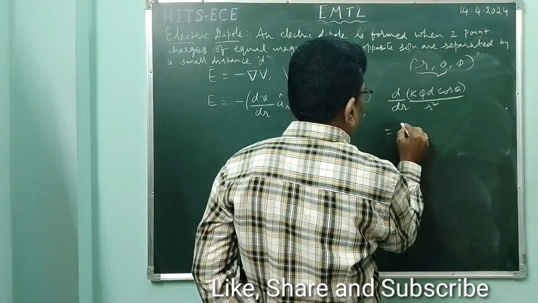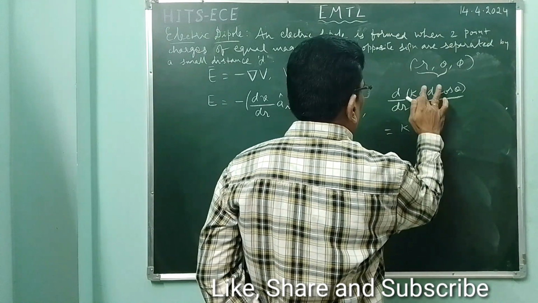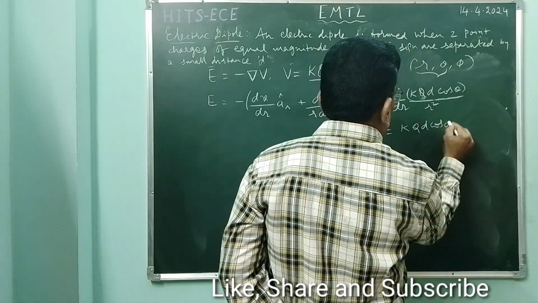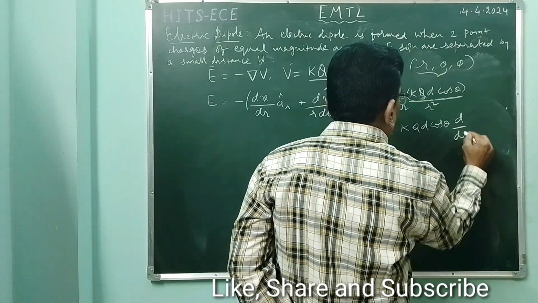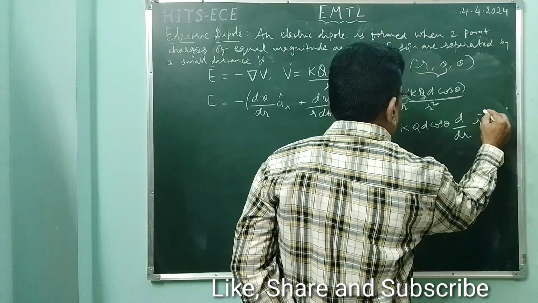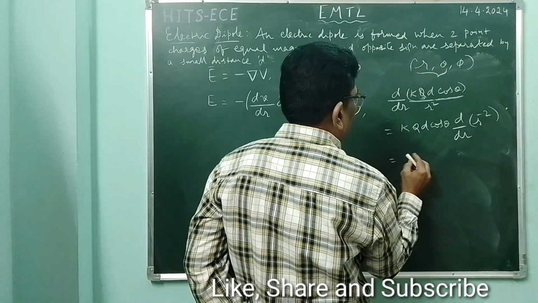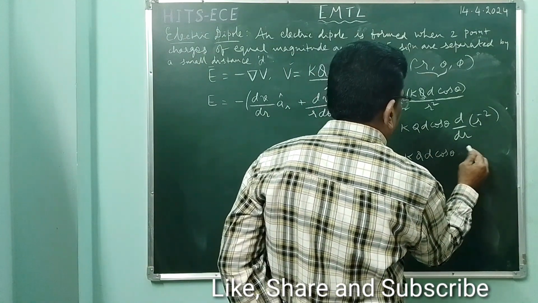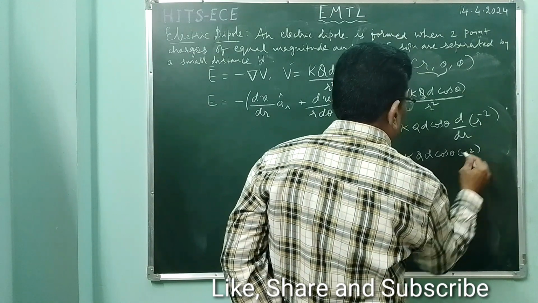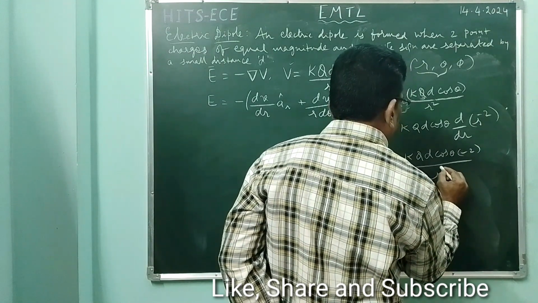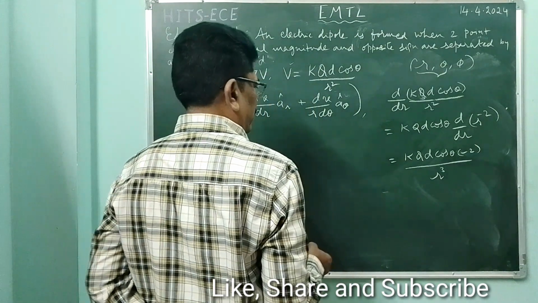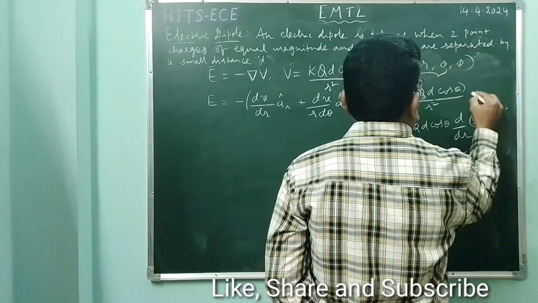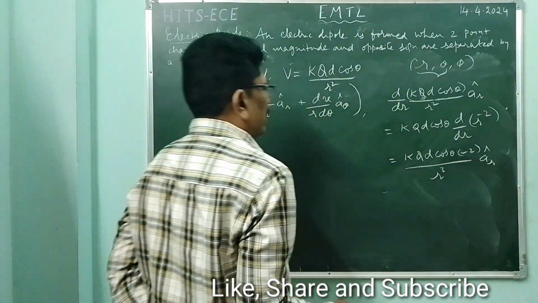So this is equal to K QD cos theta into d by dr of r square, that is r power minus 2. This is equal to K into QD cos theta into minus 2 by r cube into ar cap.